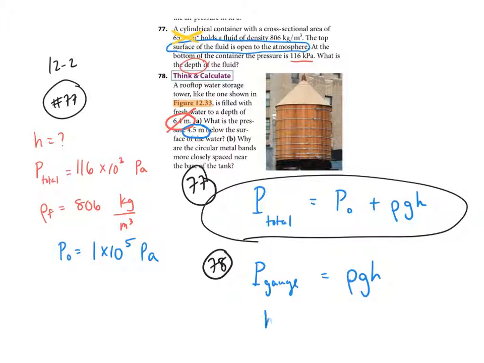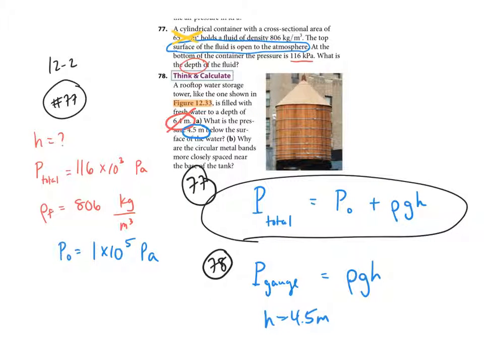So for number 78, your H is going to be 4.5 meters, not 6.4. 6.4 again is the full depth of the water. But it says, what is the pressure 4.5 meters below the surface? So your depth is definitely going to be 4.5. And we're told that it's fresh water. So what's the density of fresh water? 1,000. All right, so how about part B?